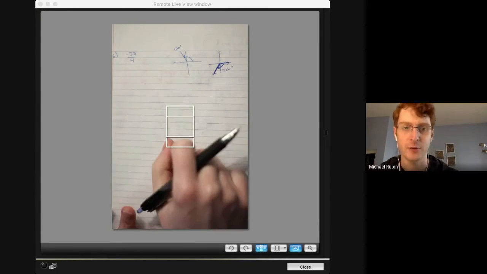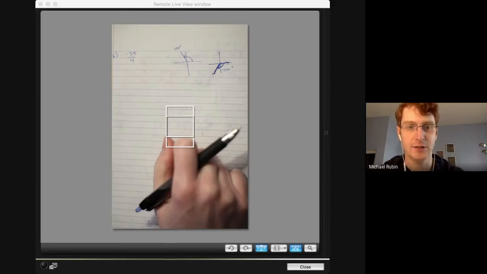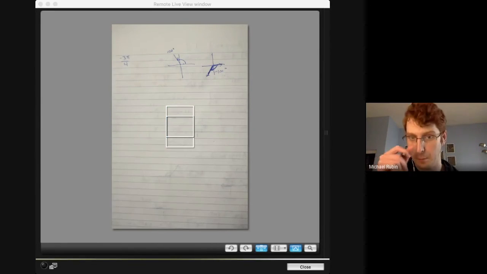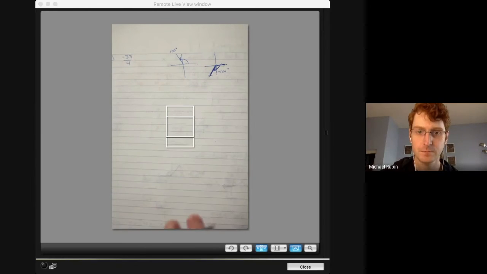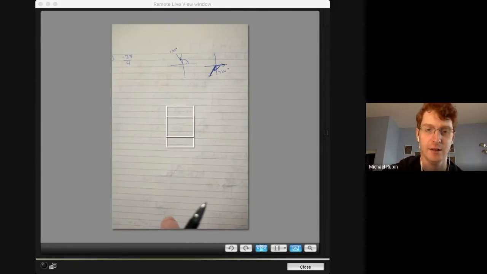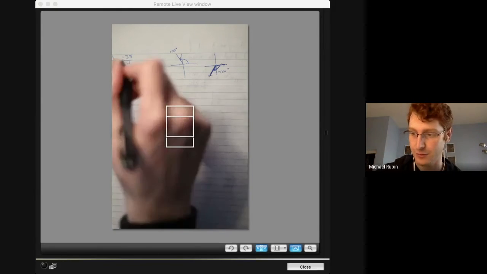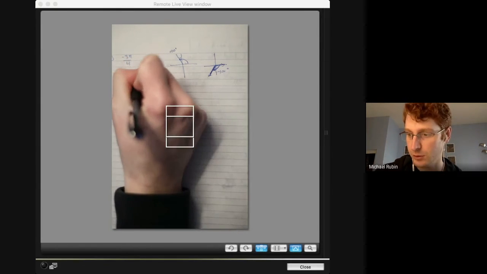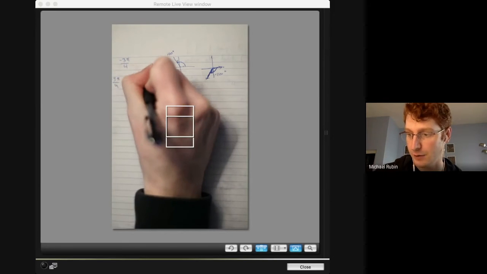So for this problem in radians, instead of moving positively, I need to move negatively. This is where it helps to really understand radians a little bit better, particularly the fractions of radians. So negative 3 pi over 4 is equivalent to 3 negative pi over 4s.